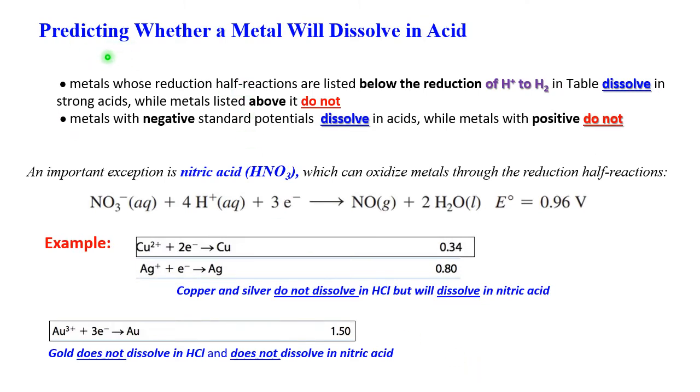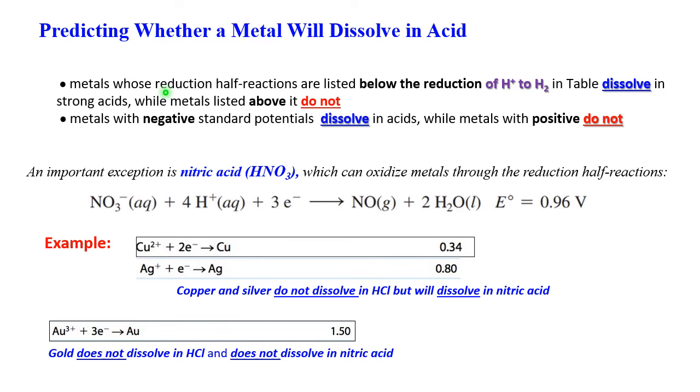Next, let's predict whether a metal will dissolve in strong acid. A strong acid, you remember, is a compound that makes H plus ions in water. So the reaction will be H plus to H2. This reaction has an electric potential of 0.